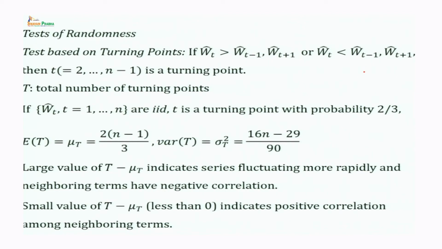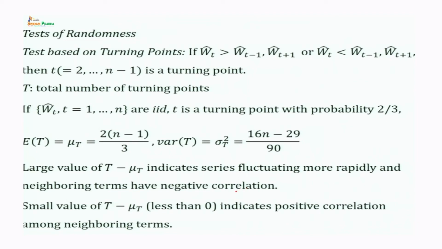If they are IIDs, then the expected value of the number of turning points is 2 into n minus 1 upon 3. And if the number of turning points is larger than mu T, then this is an indication that the series is fluctuating much more rapidly than the usual random series, and it means that the neighboring terms have negative correlation.